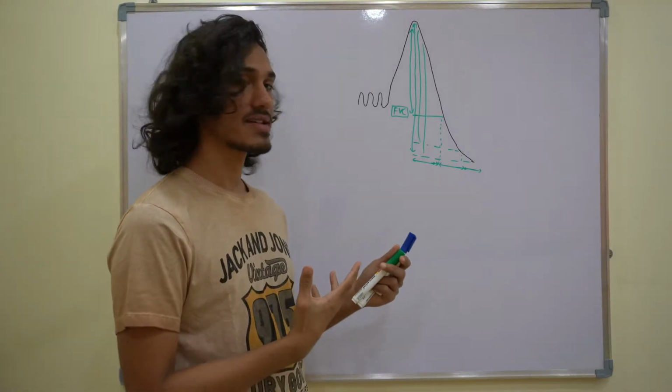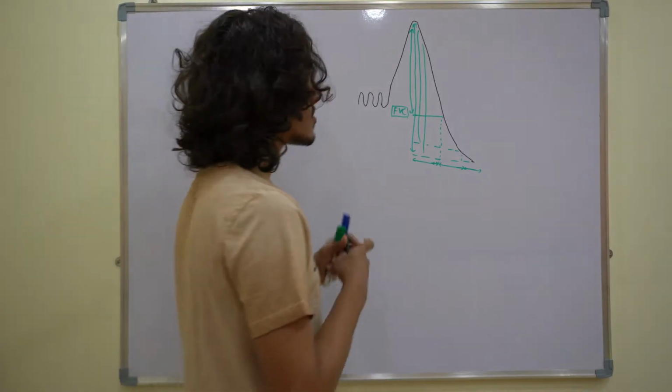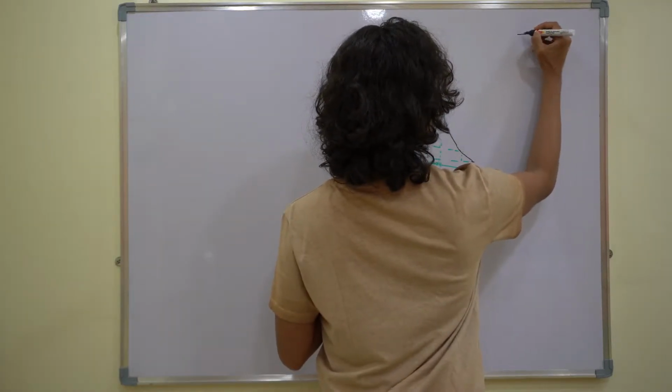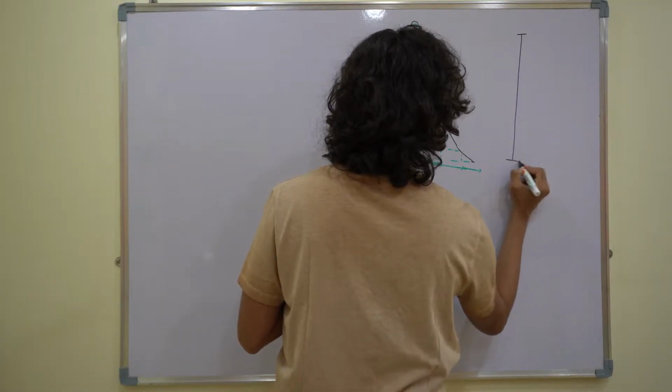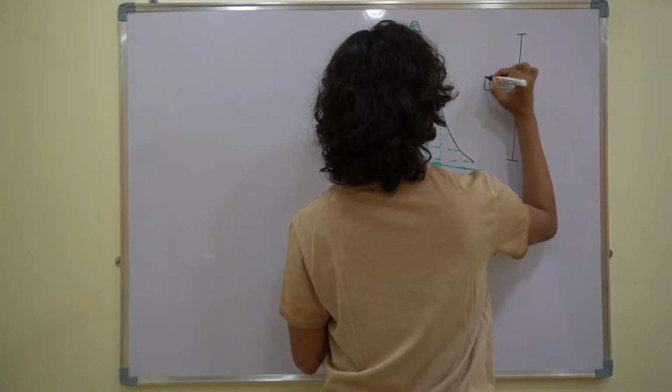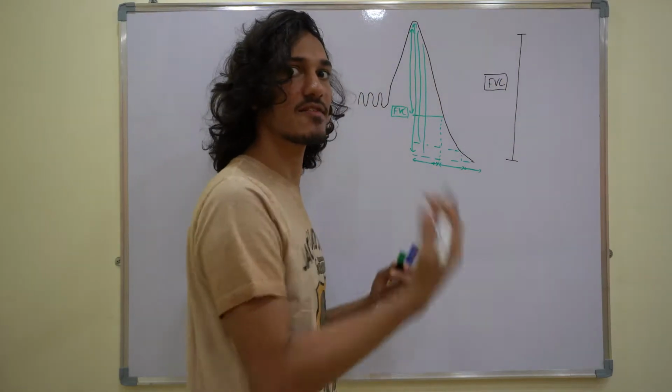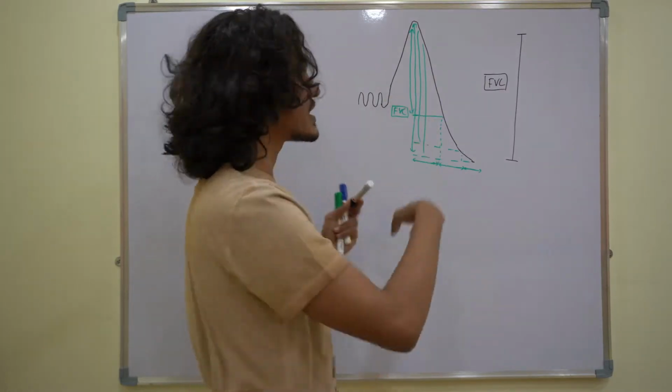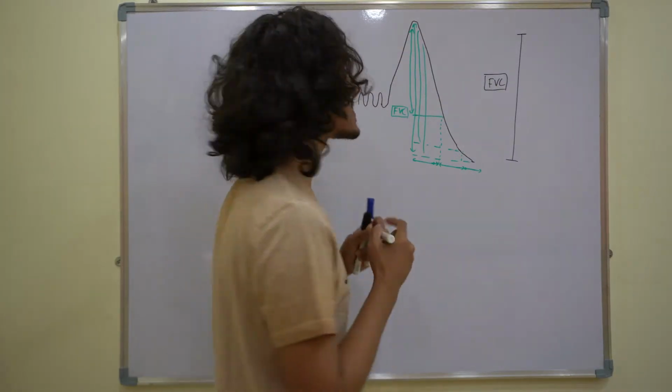Are we understanding it? When we talk about a particular volume over here, from here till here, this total volume is your forced vital capacity. In the forced vital capacity, when we started expiring, this is the volume expired in the first second.